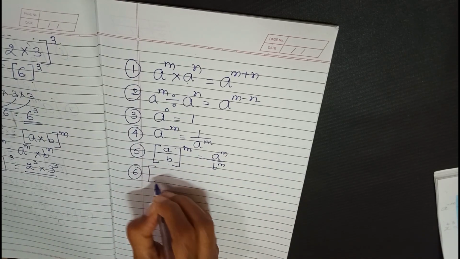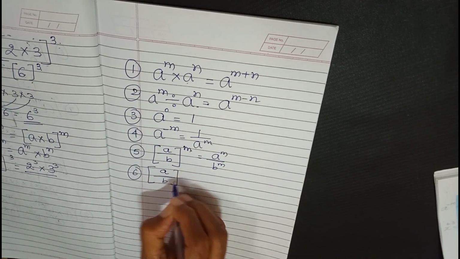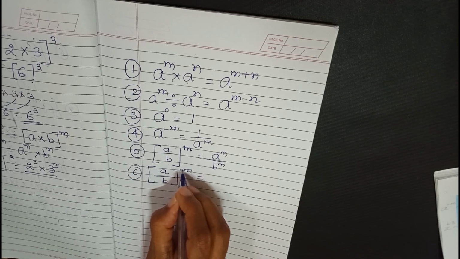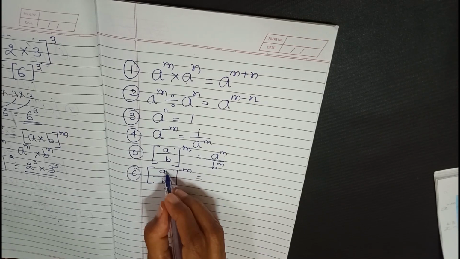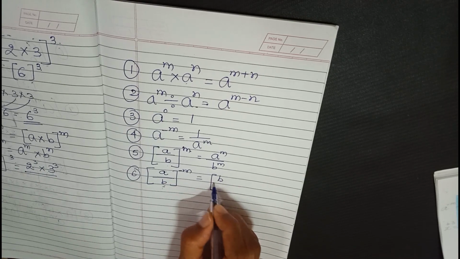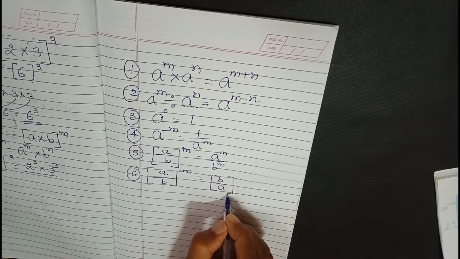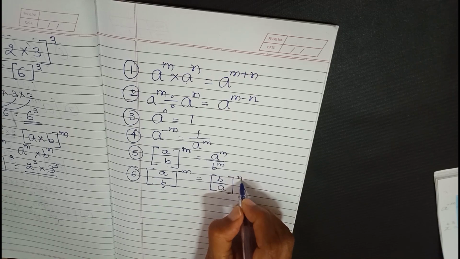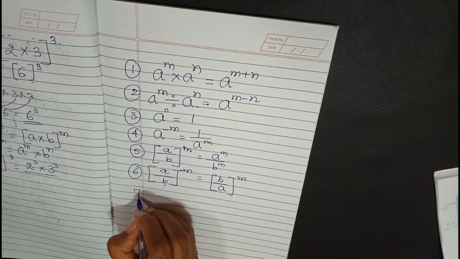Next we saw a negative power. The negative power shows that the position of both a and b is wrong. So how do we change it? b comes up, a goes down, and since the position has become correct, the negative sign goes. This was the sixth.